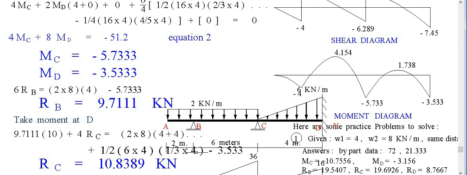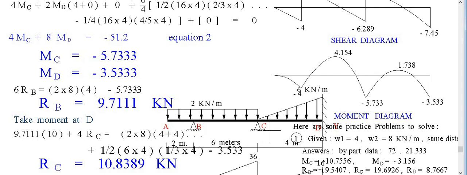I want to solve RC. Take the whole beam, then take moment at D. There is a moment at D of 35.533, direction is clockwise here. Okay, take moment at D. RB given as 9.7111 times 10.